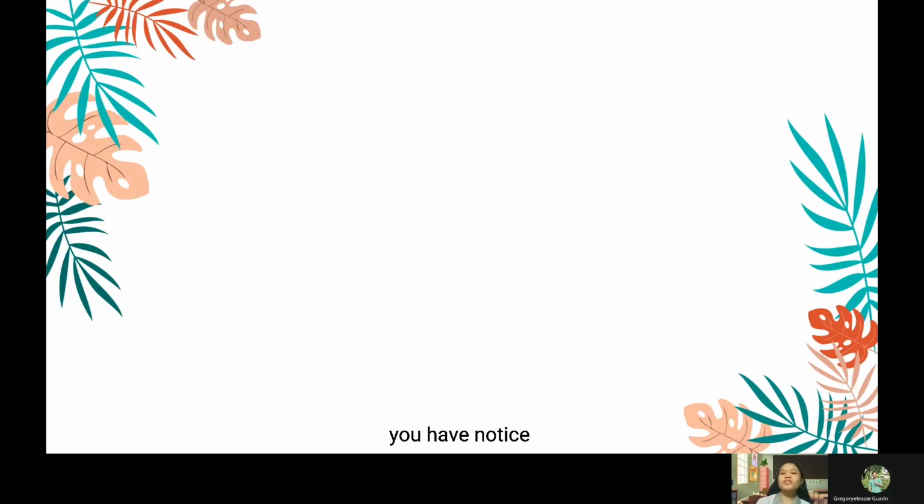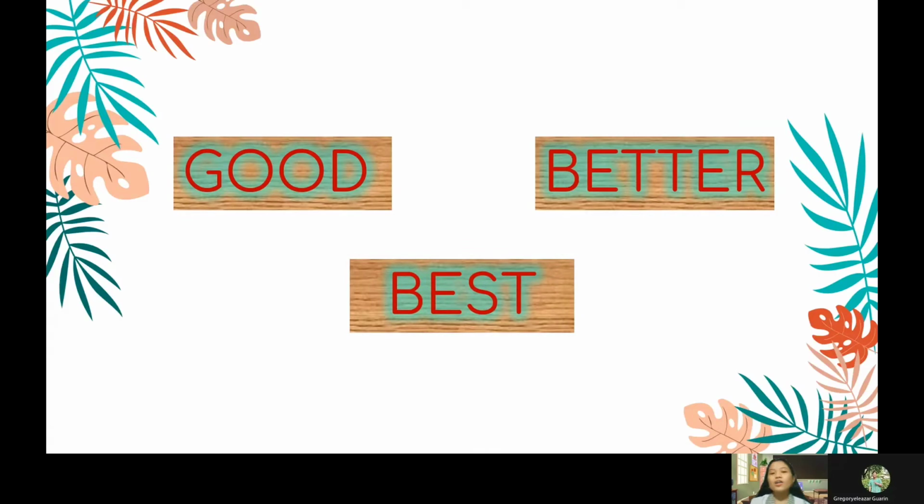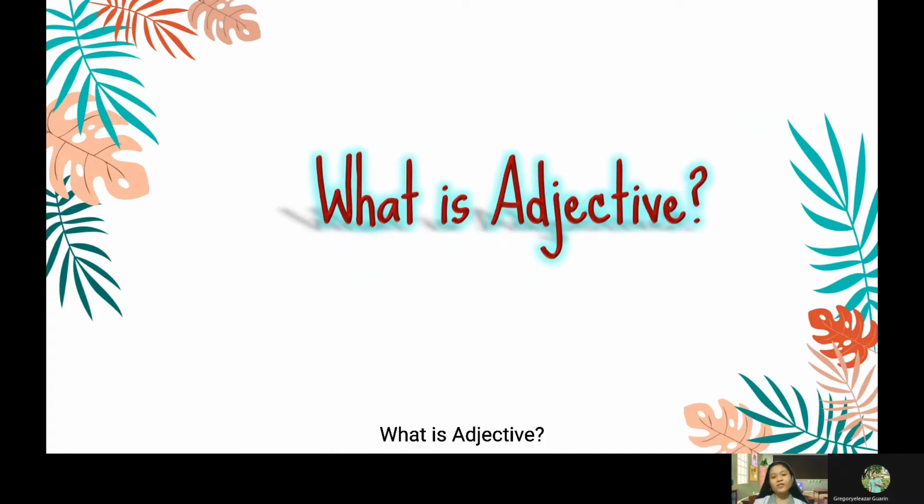as you have noticed, these three words, good, better, and best, are in connection with our lesson for today. But before that, let's have a recap about adjectives. So, what is an adjective?